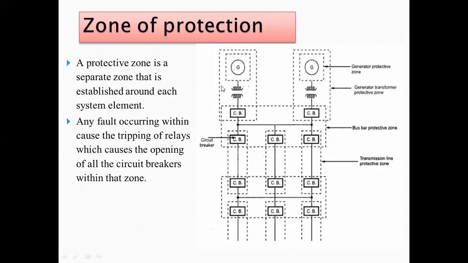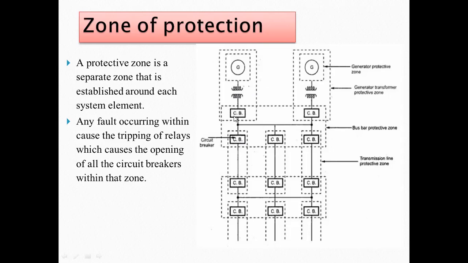You can see here the generator and transformer protection zone is there, and this is the bus bar. Again this bus bar protection zone includes the circuit breaker protection. Actually the breaker protection is included in the generator and transformer zone only, but this protection is also included in the bus bar protection zone, right? We are using the relays at the start point and end point there, right?